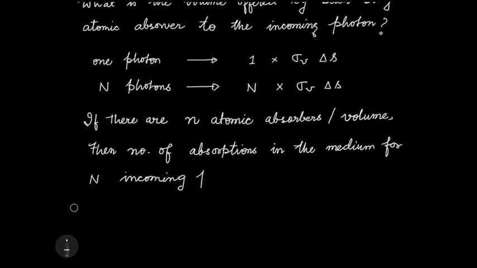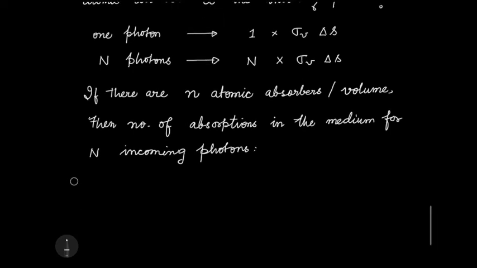And if I have n incoming photons, what will it be? One atomic observer gives you these many collisions.